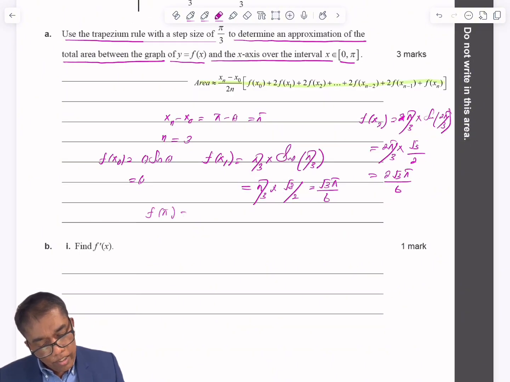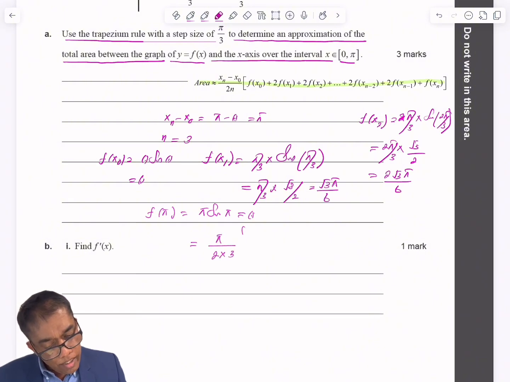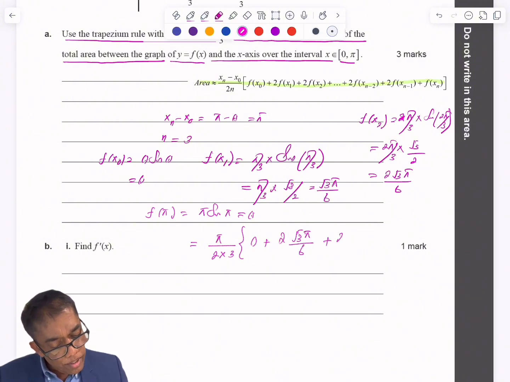Therefore, according to the rule, pi over 2 times 3 times: f of x0 is 0, twice f of x1 is root 3 pi over 6, twice f of x2 is 2 root 3 pi over 6, plus f of pi is 0.